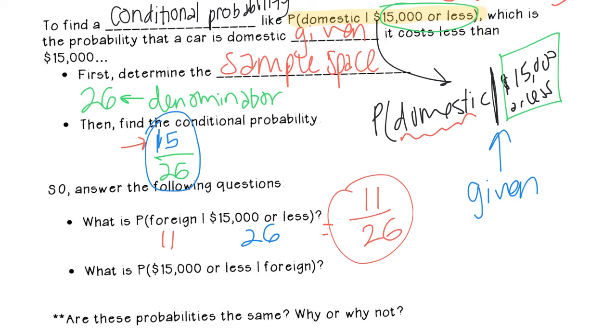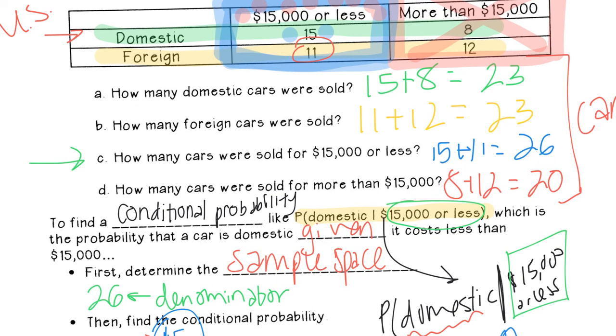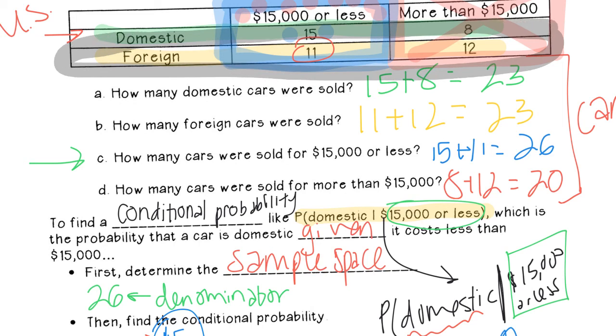Now, it looks like the opposite down here. It says, what is the probability of $15,000 or less given that it's foreign? So if we look up at our two-way table, it's saying given that it's foreign. So it is asking us to look here at the foreign row. And in that foreign row, the total foreign cars is 23.